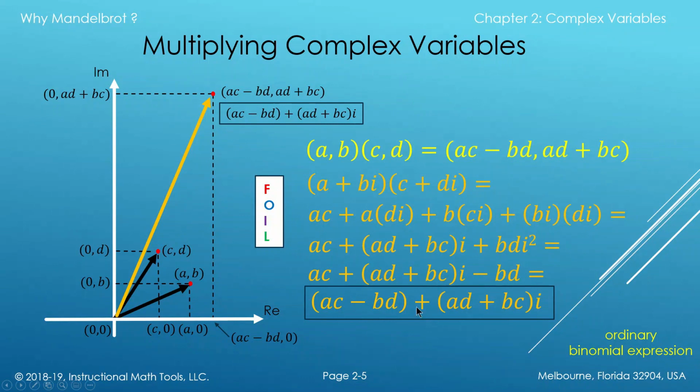So the bottom line is that when you multiply these two points together, you get AC minus BD plus quantity AD plus BC quantity i.